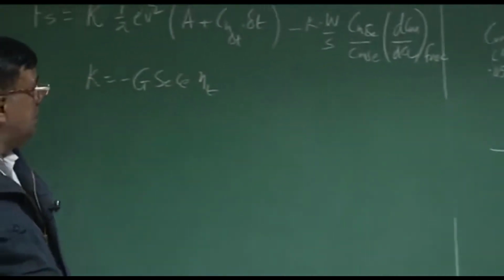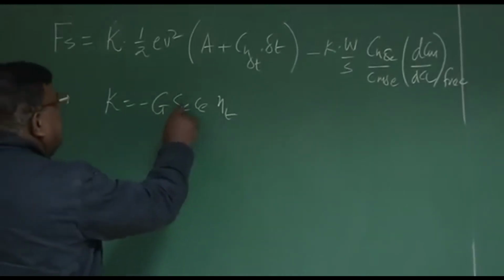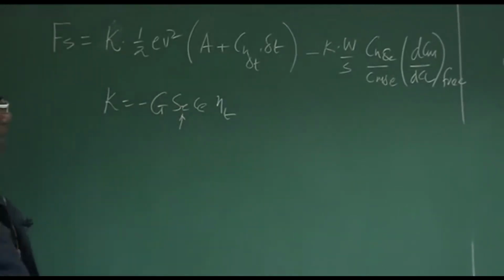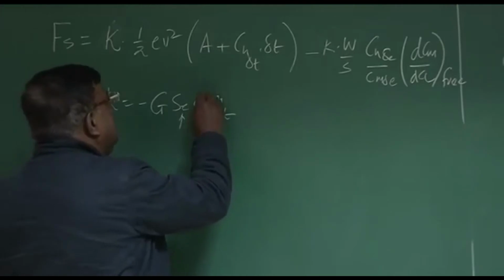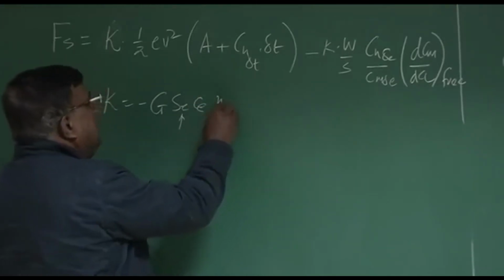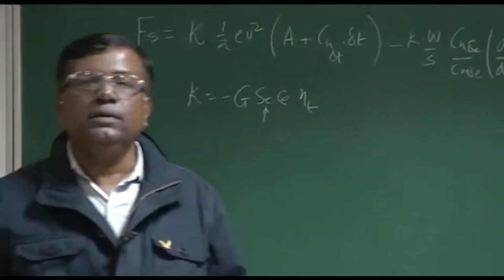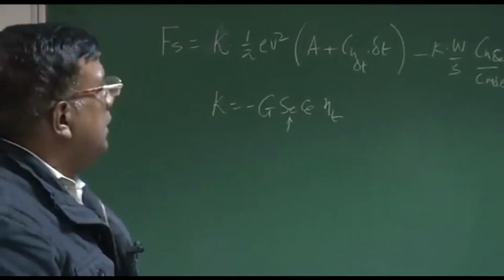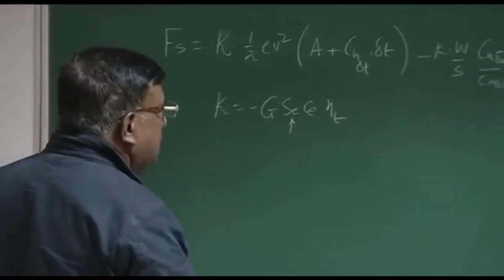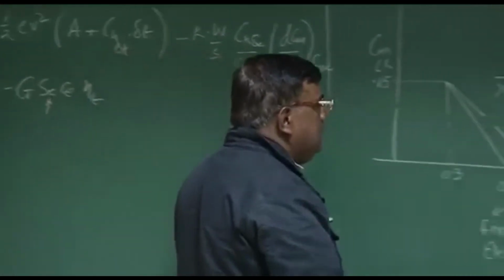Radian per meter, okay? So that is G. What was AC? AC is the elevator area. CE is the elevator chord, and eta T is the ratio of dynamic pressure at the tail to free stream dynamic pressure. So we understand what is G.